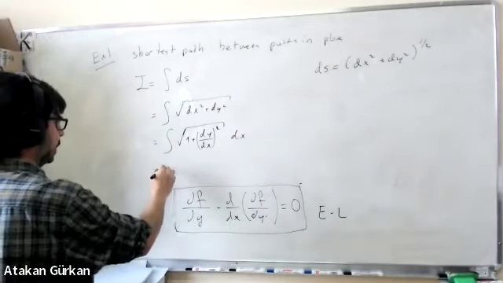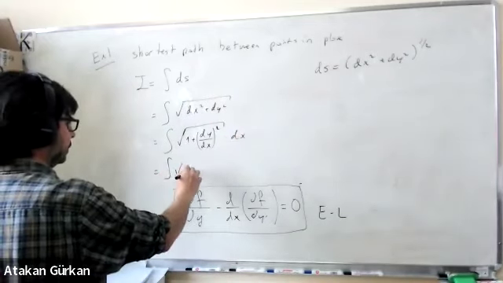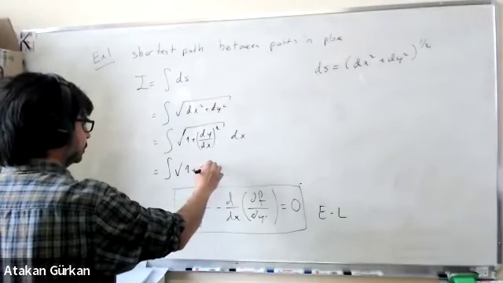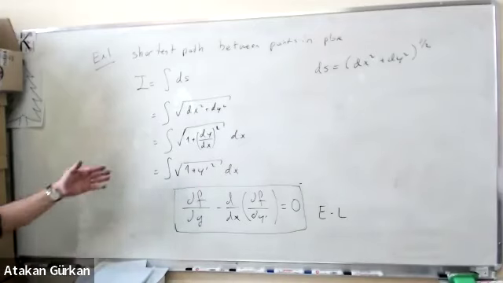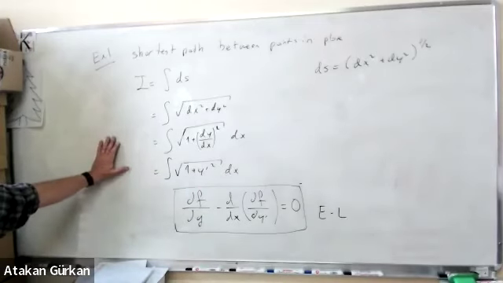And I got the square root of 1 plus y prime squared, dx. So this is the length, and I want to look at the shortest path. What kind of path is going to be the shortest length for this?